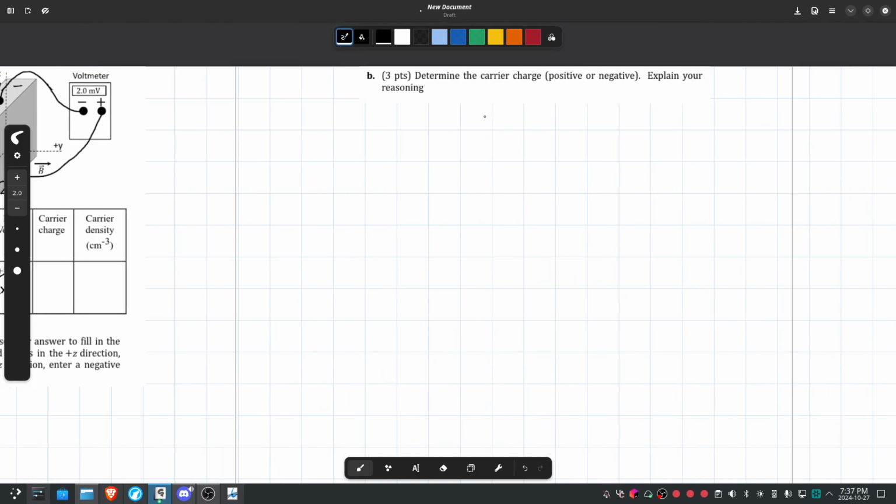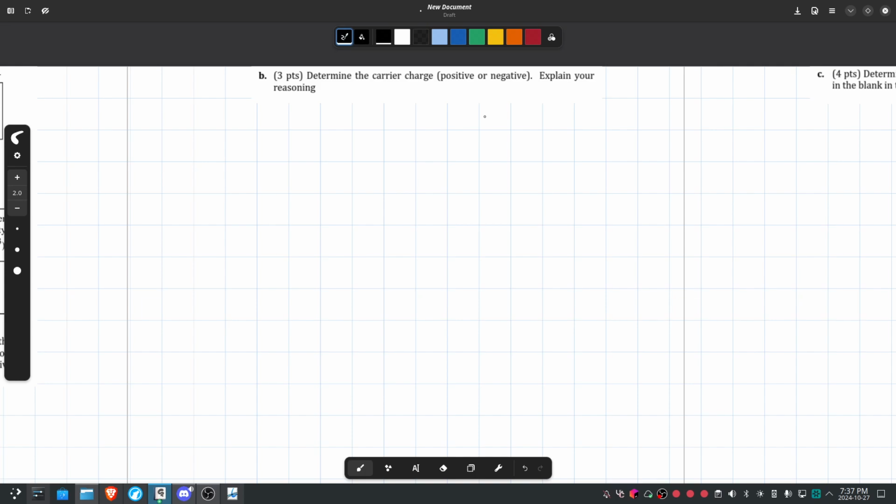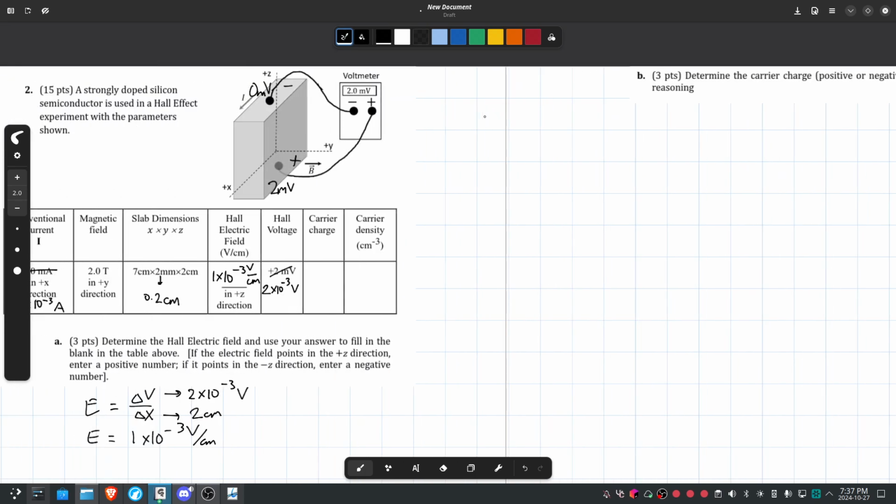Okay. Determine the carrier charge, positive or negative. Now we do the right-hand rule. Y'all know how to do right-hand rule, right? So we know the current is flowing this way. We know that the field is pointing this way.